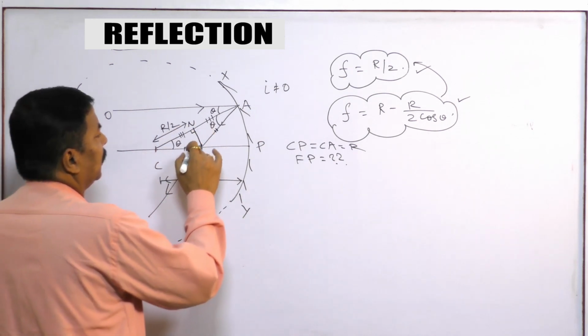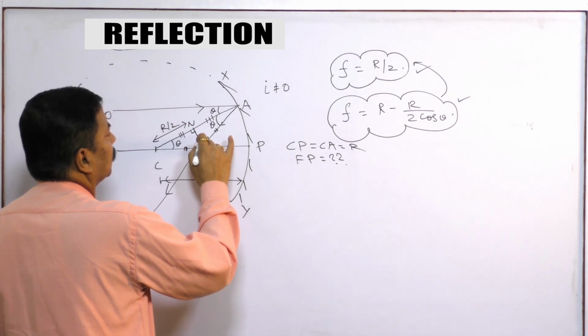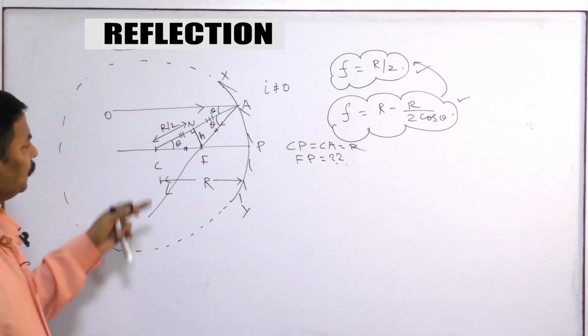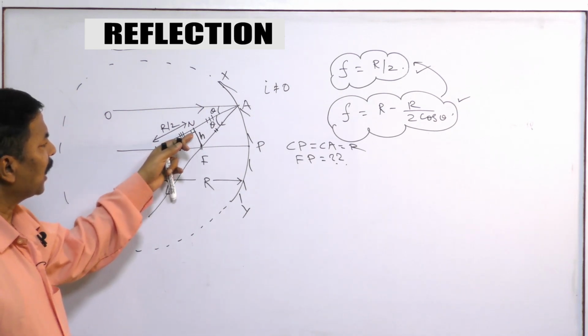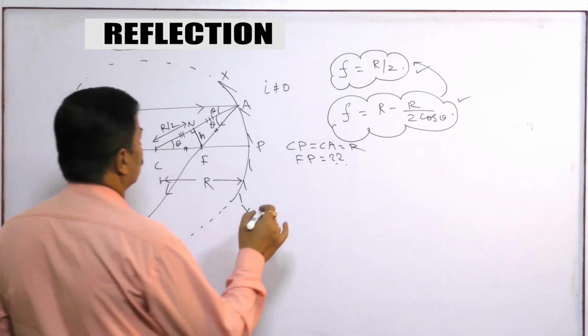I am calling this normal H. Now you see, for this angle, this is 90, this is the hypotenuse.